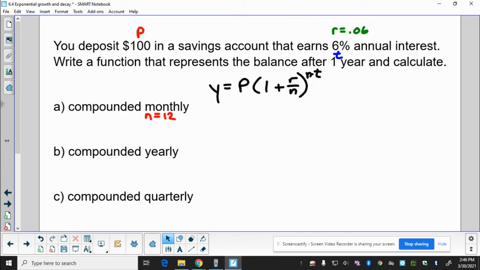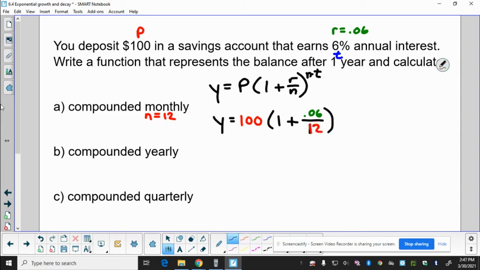Okay, here we go. The first one, Y equals my principal. 1 represents 100% of that $100, plus my interest rate, which is 0.06, divided by N, which is 12, raised to the 12 times 1.